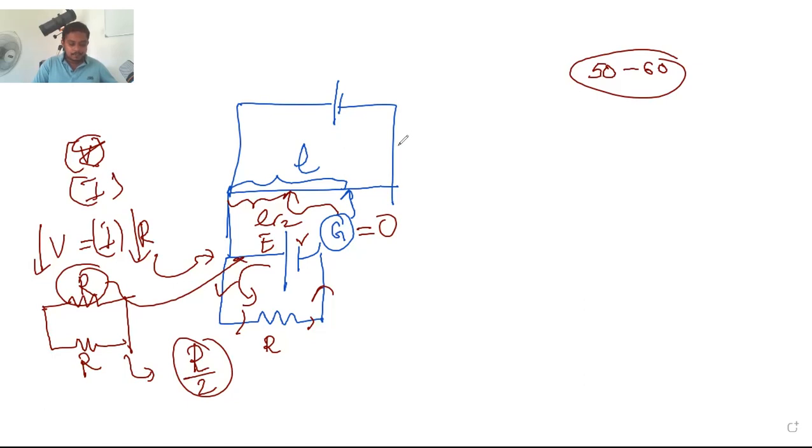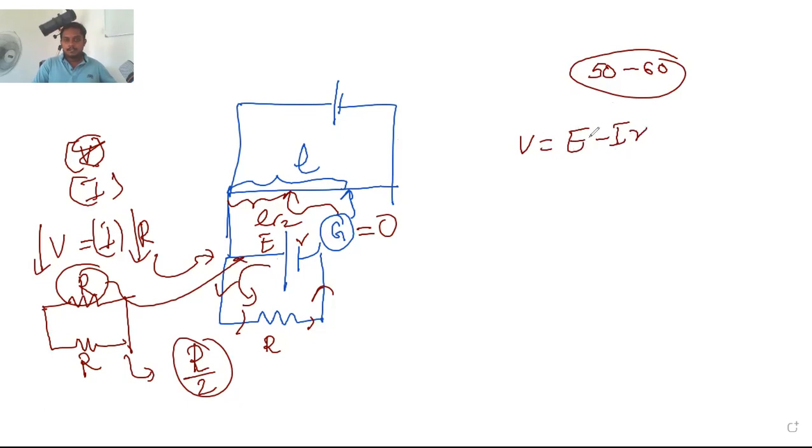In the circuit, the potentiometer resistor R, if a resistor R connected to the length L, it will change to L over 2. What is the internal resistance of the cell? So if we connected one, what would happen? The potential becomes E minus IR.